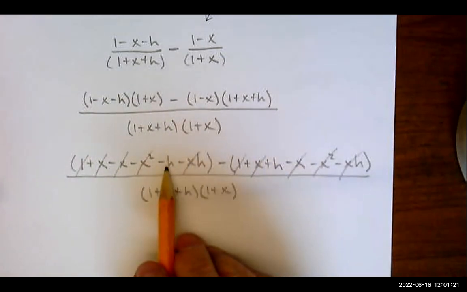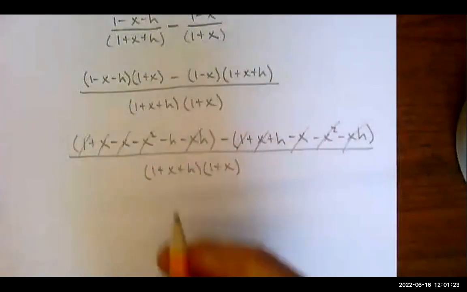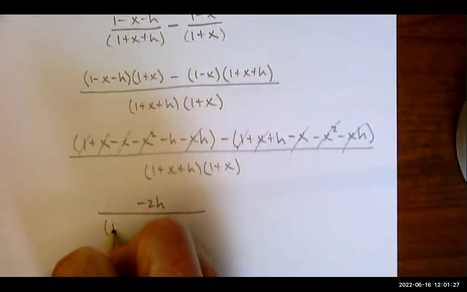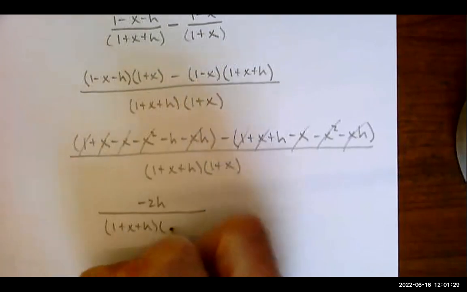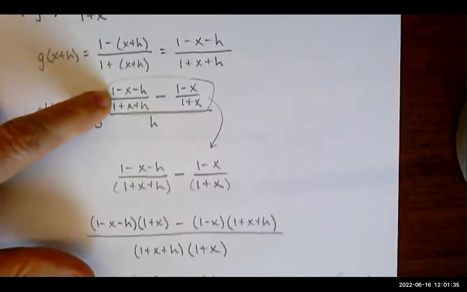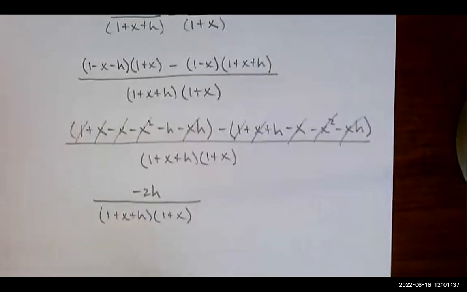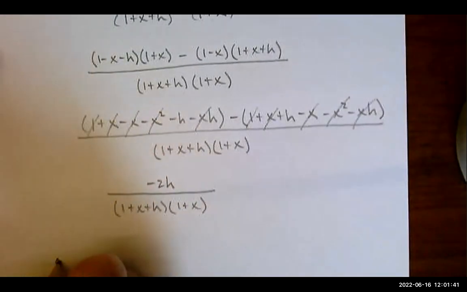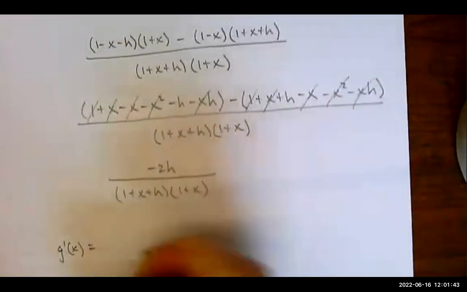So negative h minus h is negative 2h over our common denominator. So all of that numerator's simplified here. Perfect. Let's pick it up from there.